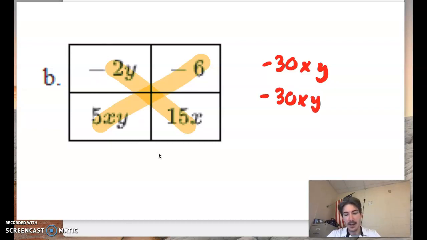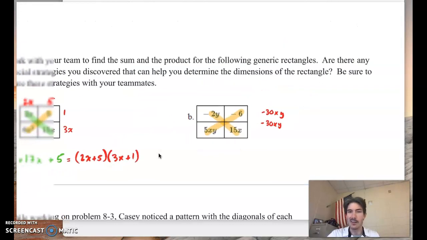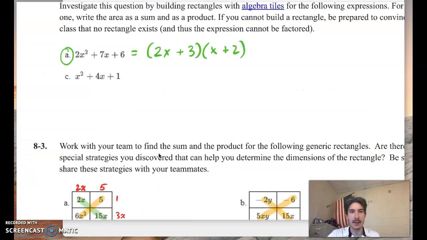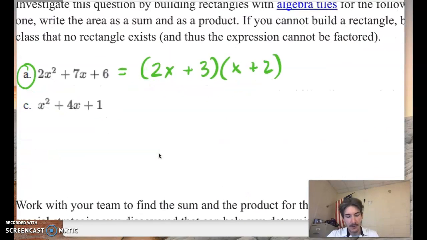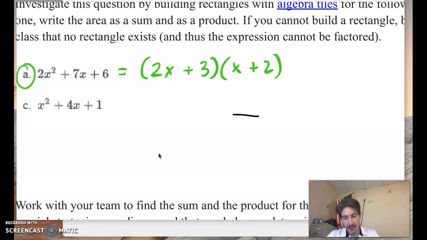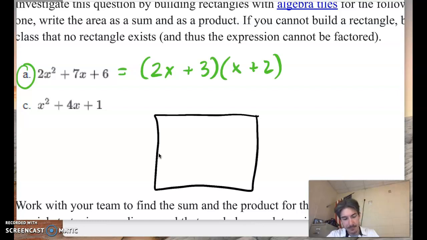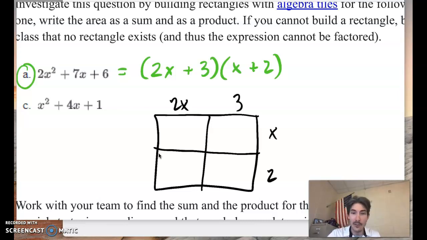All right, let's back up to one more. Let's just see if this works out. Let's back up to one more that we already did, right? If I decide I want to write this one real quick, A, we already did A, in a generic rectangle, okay? And we've got, oops, let me draw this real fast. We've got 2x and 3, and we've got x and 2, right? I want to know if I've got everything factored maybe correctly. This would be 2x squared. This would be 3x.